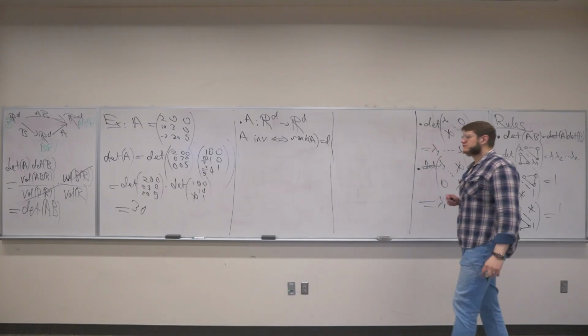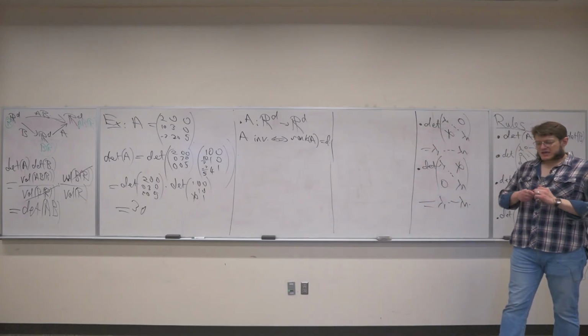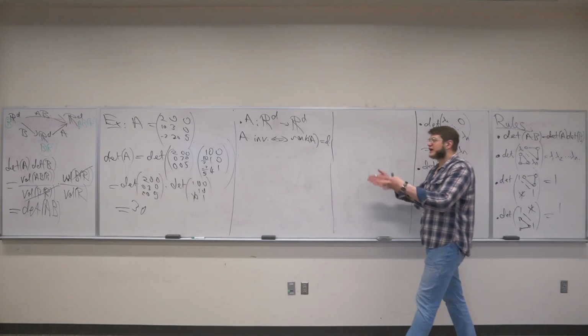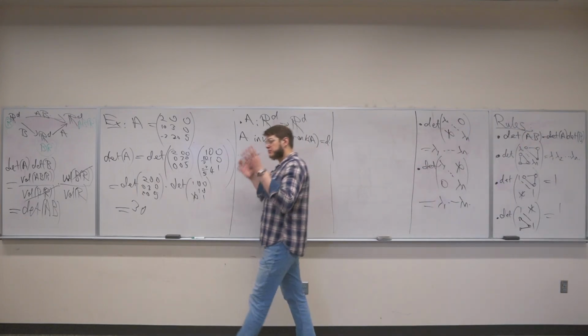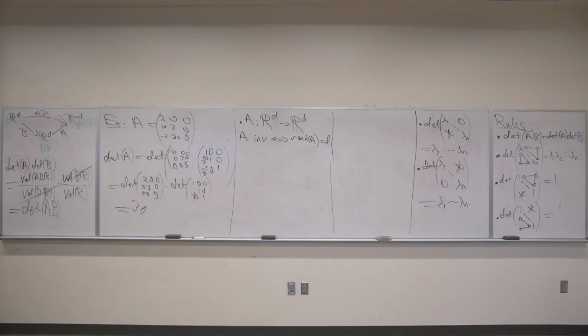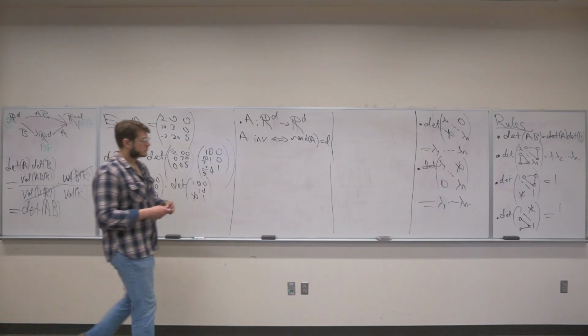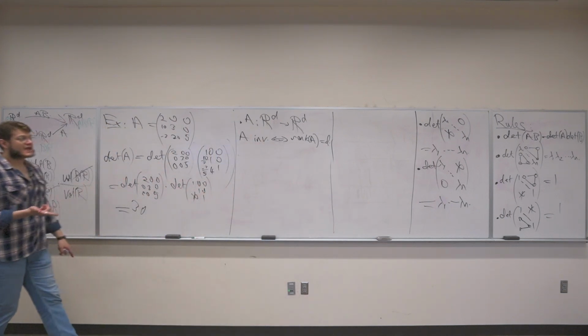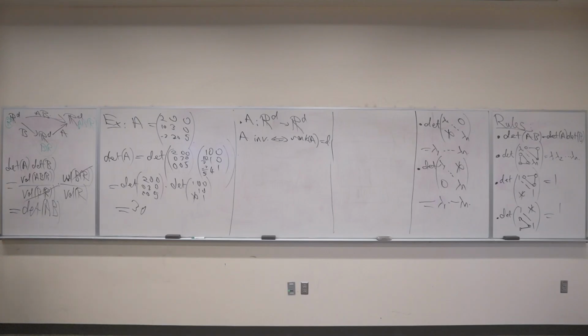But if that is the case, if you were to take a shape and apply A to it, insofar as the original shape has positive D-dimensional volume, the image, the distorted shape, is going to have positive volume. And the only way the image fails to have positive volume is if the rank of A is less than D, so that there's some squishing happening.